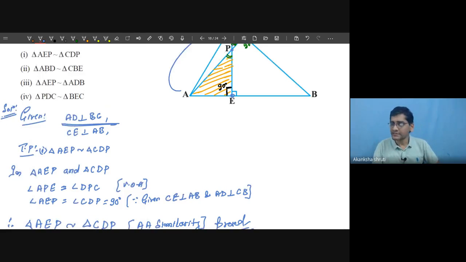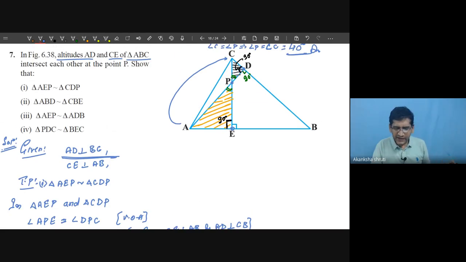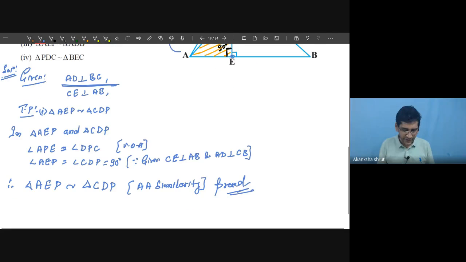Rather than proving these two triangles similar, it may be given that you have to write AP multiplied by CP is equal to EP multiplied by PD. That may be asked rather than proving this similar. So that is our next question, question number 8 and 9. So those concepts can also be understood here.